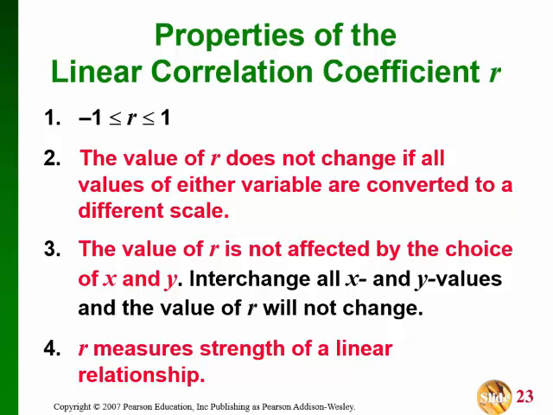So if you're comparing heights versus weights, for example, and you have weights in pounds and heights in inches, and then for some reason somebody decided to change the height into centimeters, then the way your plot looks might change, and some of the other values might change, but the correlation coefficient will still be the same.